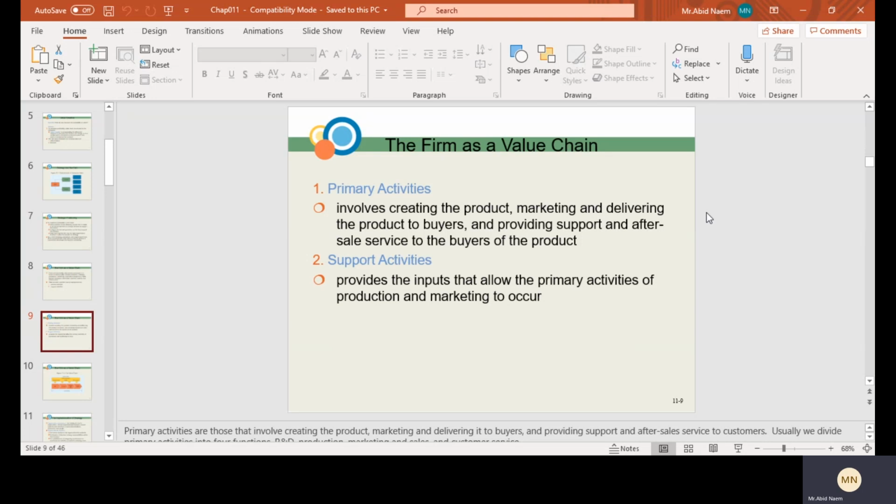For the sake of understanding, let's say you have a mobile phone handset right now, or the laptop on which you are listening to this lecture, which would also be a product of some branded company. So the primary activity of that company was to produce, develop, and market that particular laptop and mobile. But there were certain supportive activities like human resource management, infrastructure development, the information technology department, or the customer care department. These were the secondary support activities which ensured the timely and cost-effective availability of the unit right now through which you are listening to this lecture.